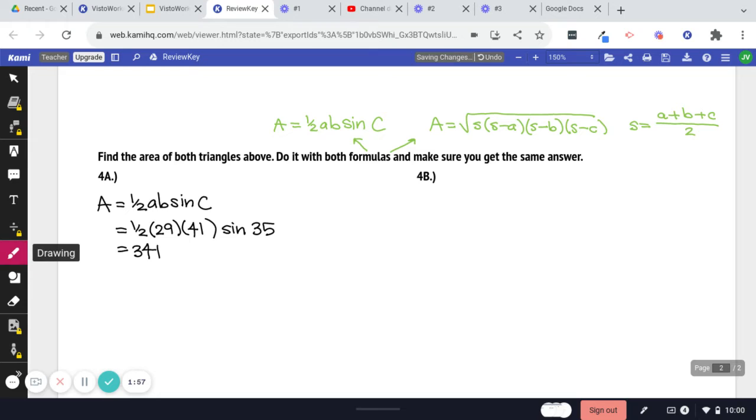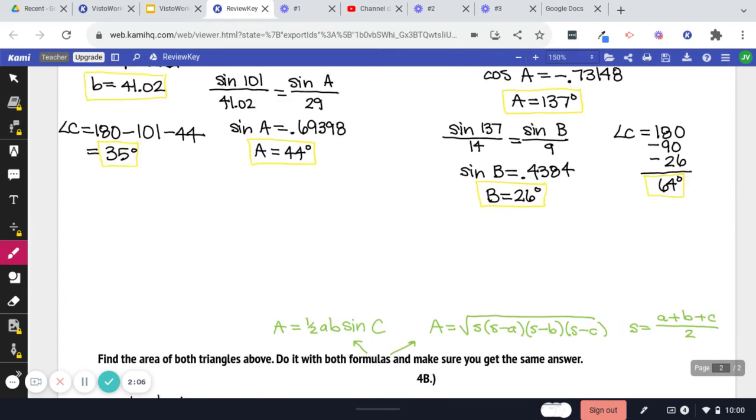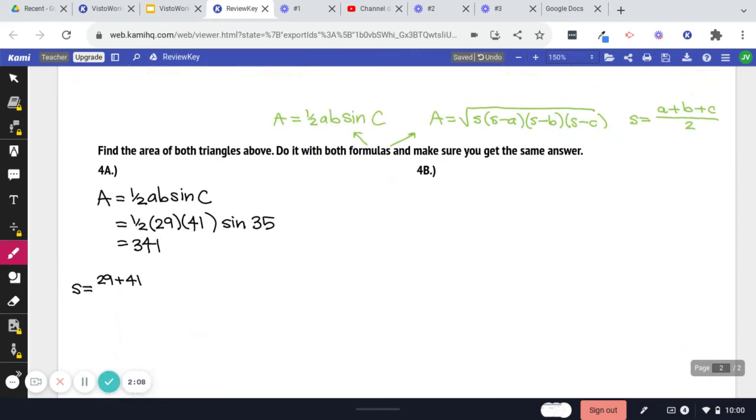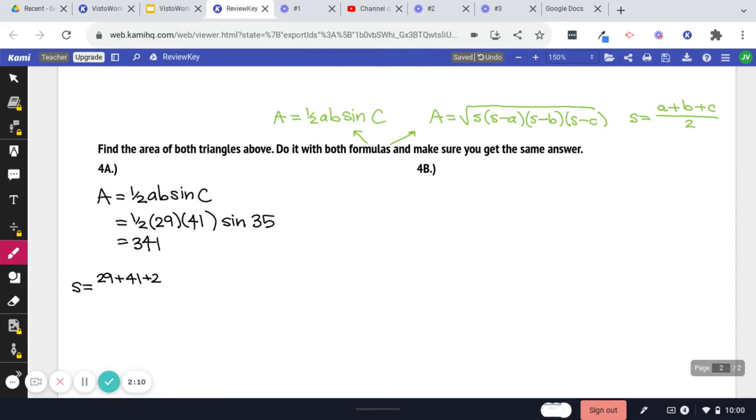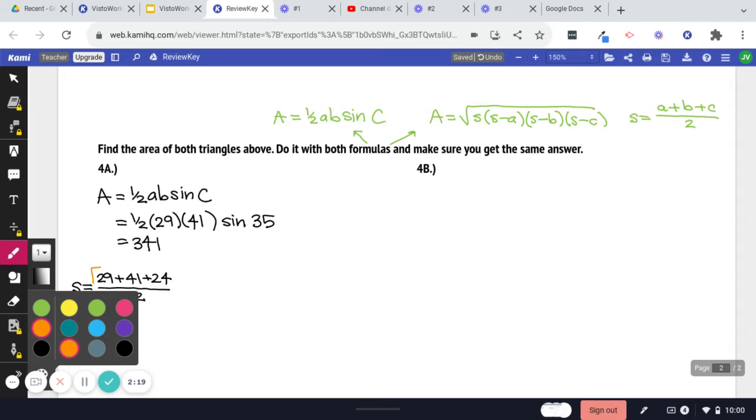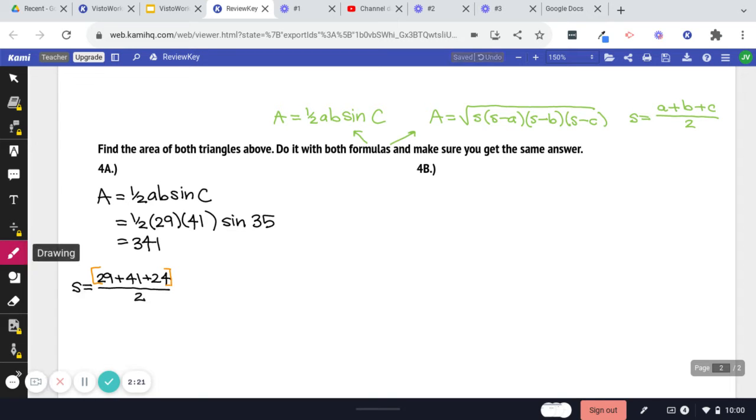Okay, now, if I did this right, I should get the same area for the next one. So I'm going to figure out my semi-perimeter. It was 29, 41, and I want to say 24. One thing you may have trouble with is you need to make sure that you do the entire numerator and then divide by 2.